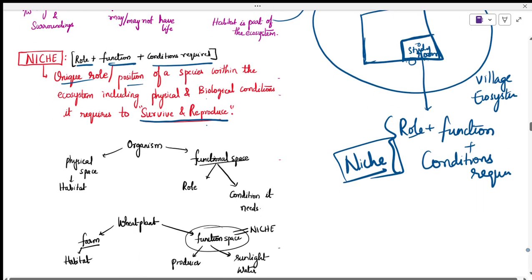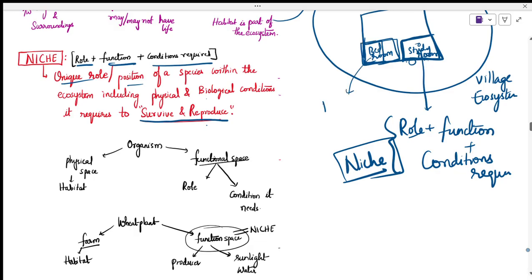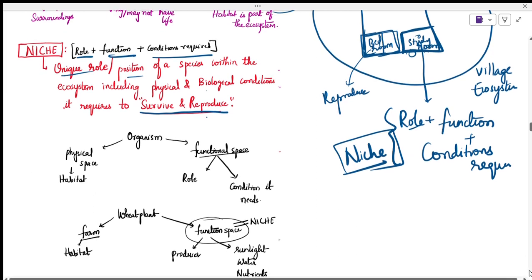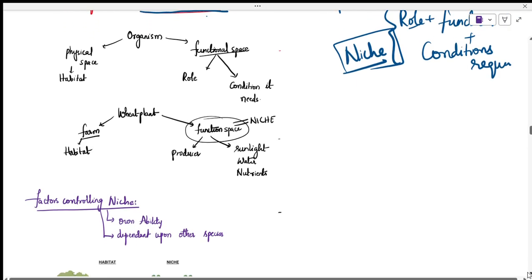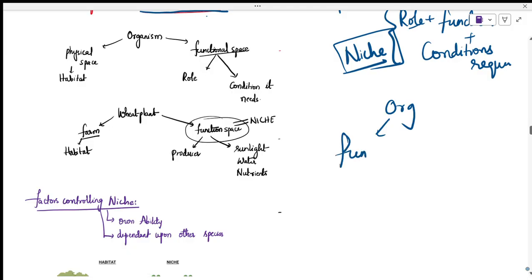So, if you want to remember more, just remember bedroom is a niche. Okay. Just for remembering, I'm doing this. It will have a unique role, and here you can survive and you can reproduce. Fine. Then, for every organism, they will have a physical space and a functional space.